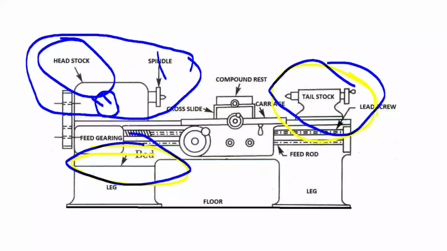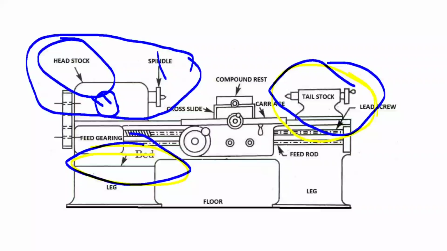Clear? Now there are three main functions of the tailstock. We have already discussed the three main functions of the headstock. First is to support the other end of the workpiece when it is being machined between centers. The role of the tailstock is to support the workpiece when it is machined between the centers.